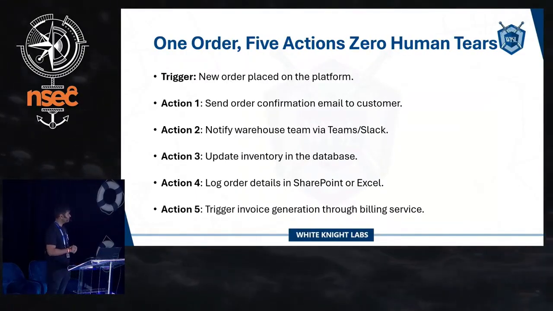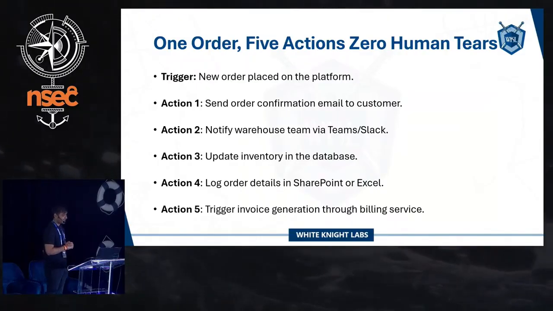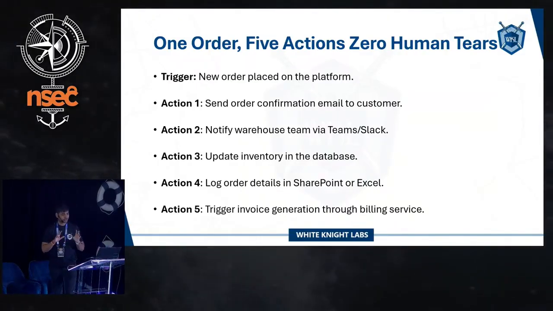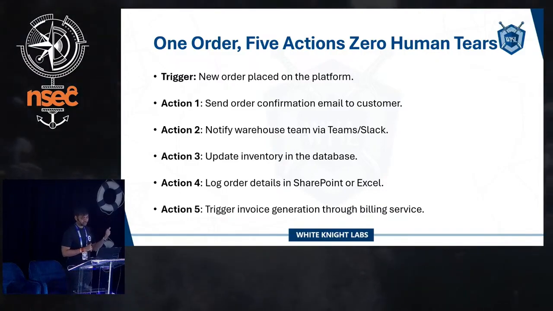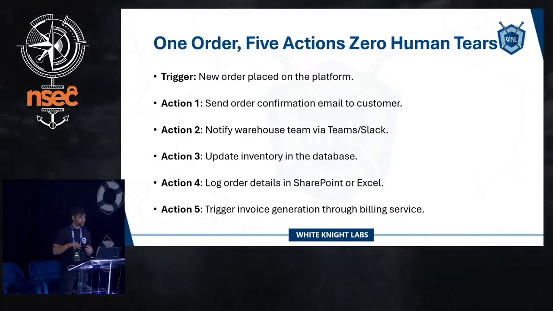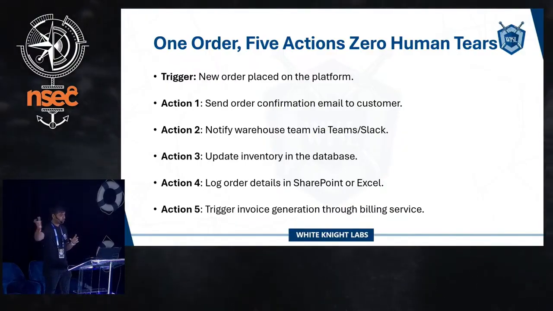So how can this be used without having any human tiers? Assuming there is some order platform, some inventory or some shopping cart you have, in those cases, you can have these actions like, in the first action, send the order confirmation via email to the customer. So you can integrate Outlook and have some parameters coming along with your webhook URL.